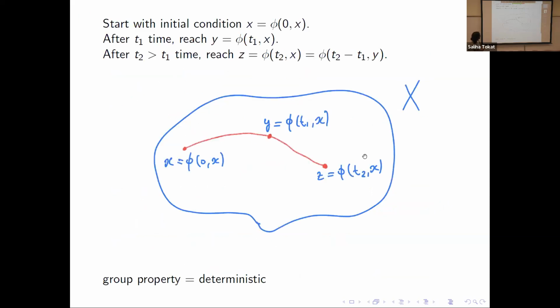In a picture, there are 3 points x, y, z, and there is a flow. On the trajectory, x is phi_0(x), y is phi_{t1}(x), z is phi_{t2}(x). This z could be stated in many ways, but in this picture it could be phi_{t2}(x) or just phi_{t2-t1}(y). So this shows that the flow is deterministic.